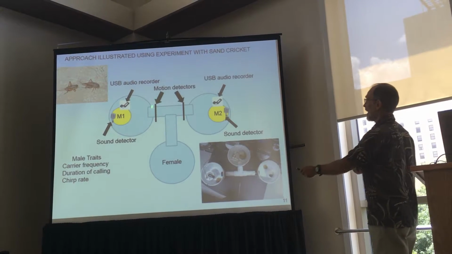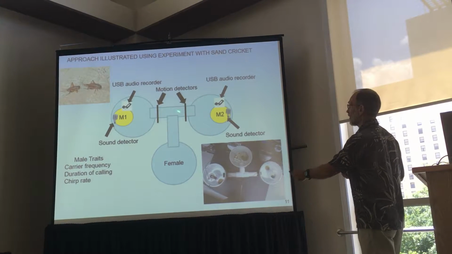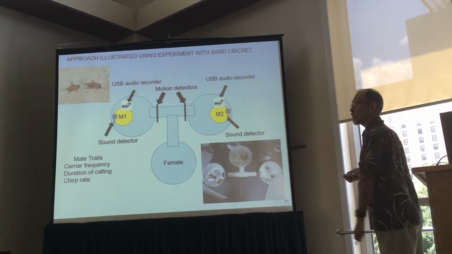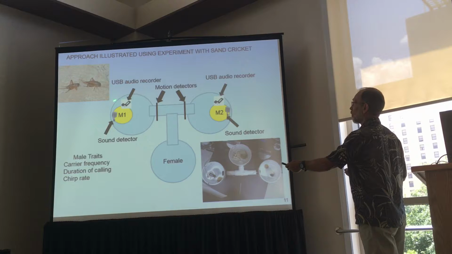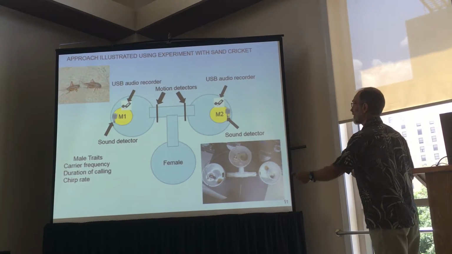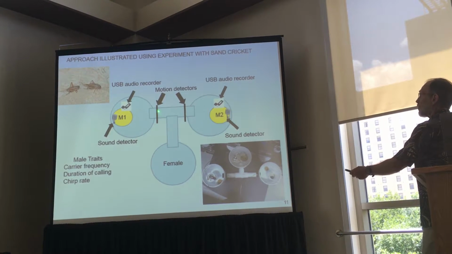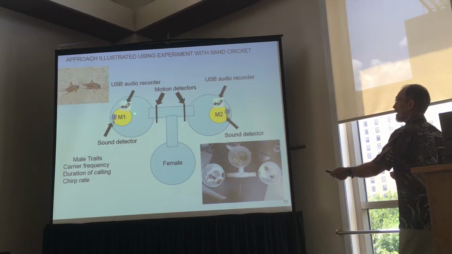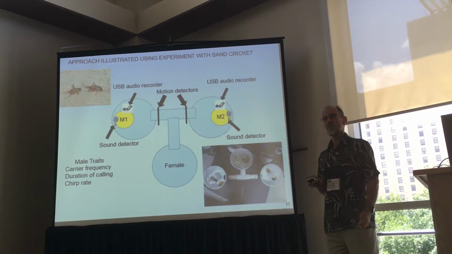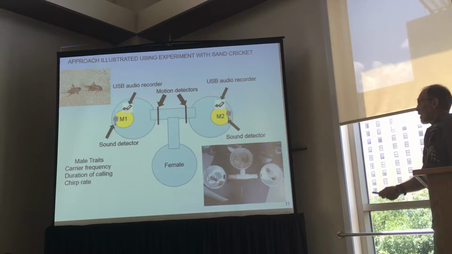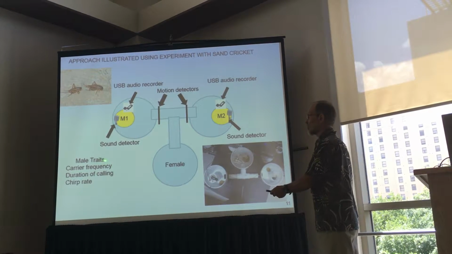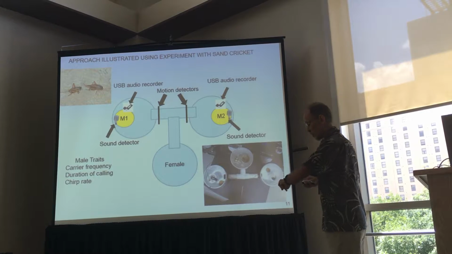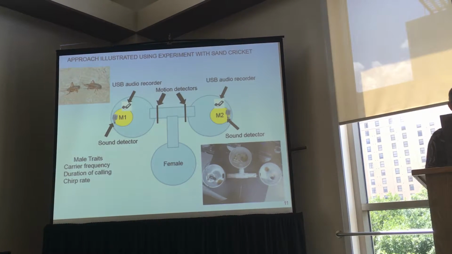We have motion detectors on either side, so in this experiment run for 24 hours, we can know how often the male calls, what components of the call using these recorders are, and also how many times the female passes the motion detector to get a measure of her preference. The three traits I'm going to talk about today are the carrier frequency of the call, the duration of calling, and the chirp rate.